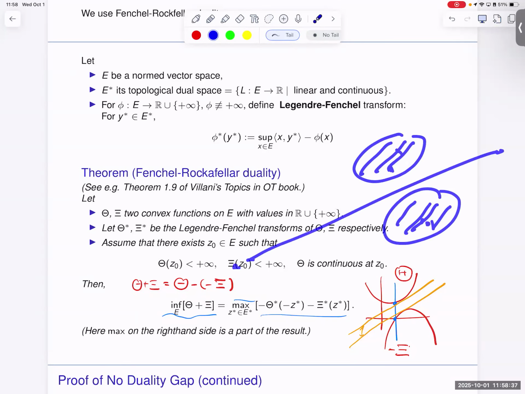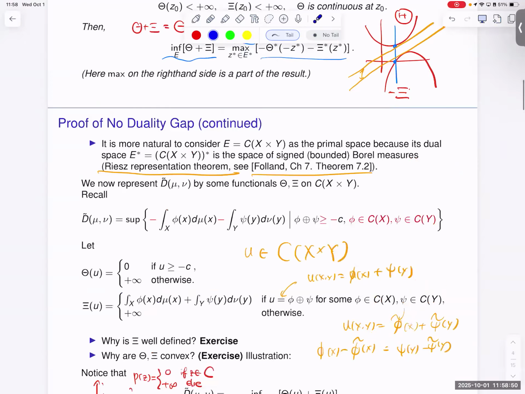The existence of such a hyperplane corresponds to the existence of such a maximum. If you really go through the proof of the Fenchel-Rockafellar theorem, you realize that. Okay. All right.